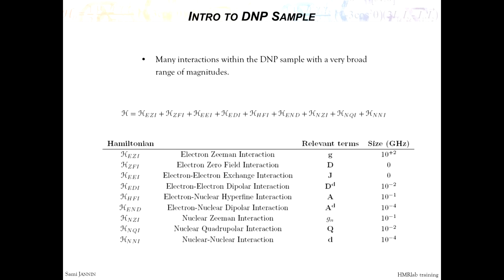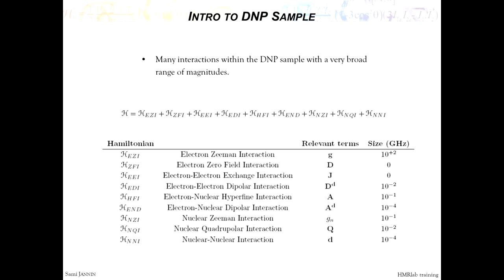In this sample, you have a solvent, you have radicals, you have your molecules of interest. So you have many magnetic interactions going on. I'm not going to enter into the detail of the equations of the Hamiltonian. I just want to summarize things here. You have the electron Zeeman interaction, which is the interaction of the electron with the magnetic field. Usually this amounts to several hundreds of gigahertz.